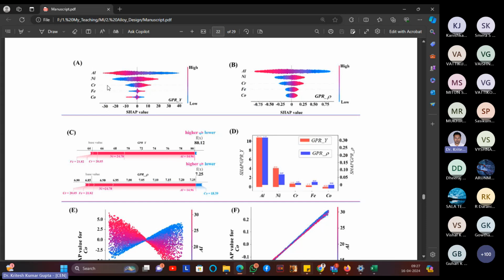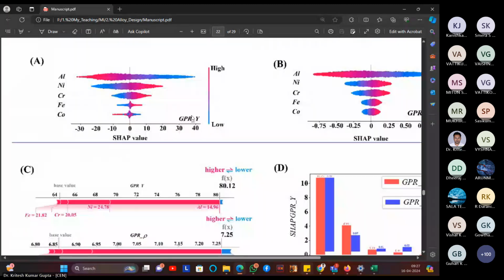If we look at the SHAP parameters, meaning the SHAP value which I'm showing here on the x-axis, corresponding to the first model, that is GPR underscore y, negative SHAP values are given on this side, positive SHAP values on this side. What we can observe here is that high and low are given like this.